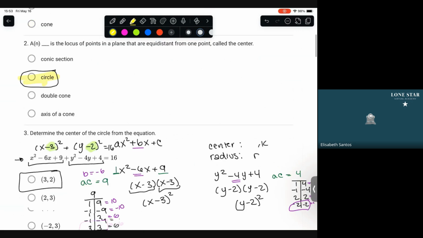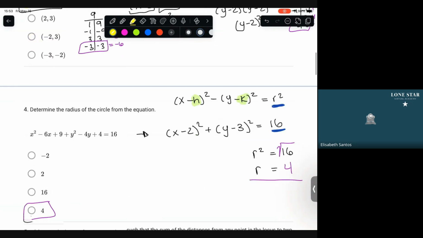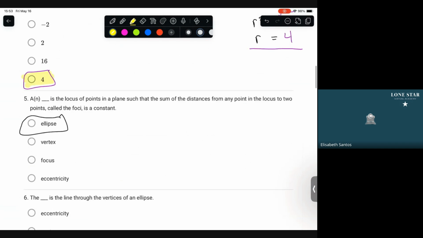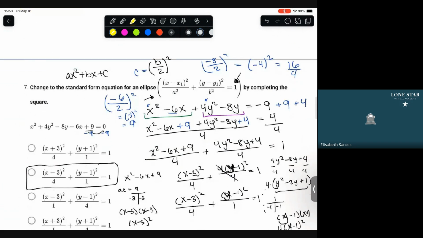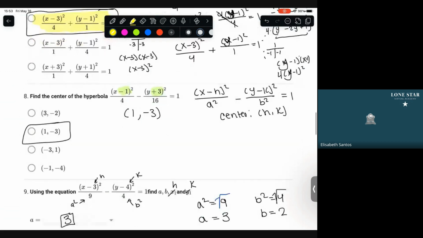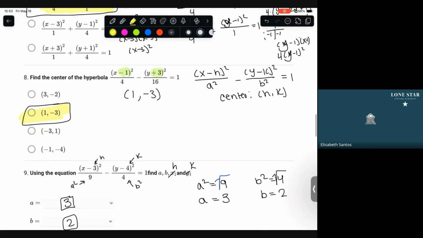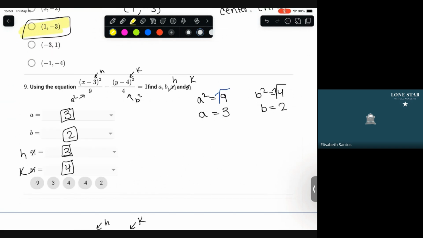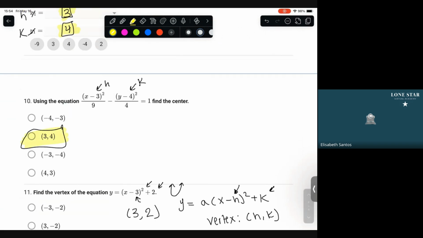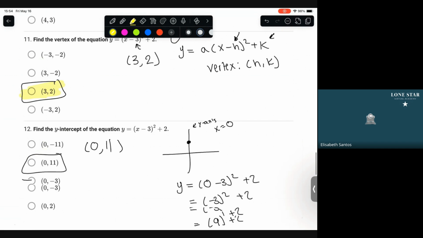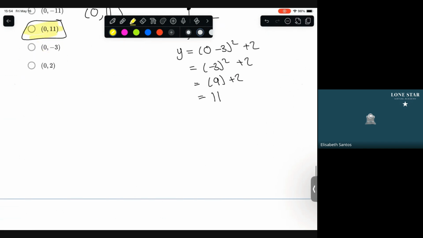Second one is circle. 3 is 3, 2. 4 is 4. 5 is ellipse. 6 is major axis. 7 is x minus 3 squared over 4 plus y minus 1 squared over 1 equals 1. 8 is 1, negative 3. 9 is 3 for a, b is 2, and it's 3, 4. 10 is 3, 4. 11 is 3, 2. 12 is 0, 11. And that's it.